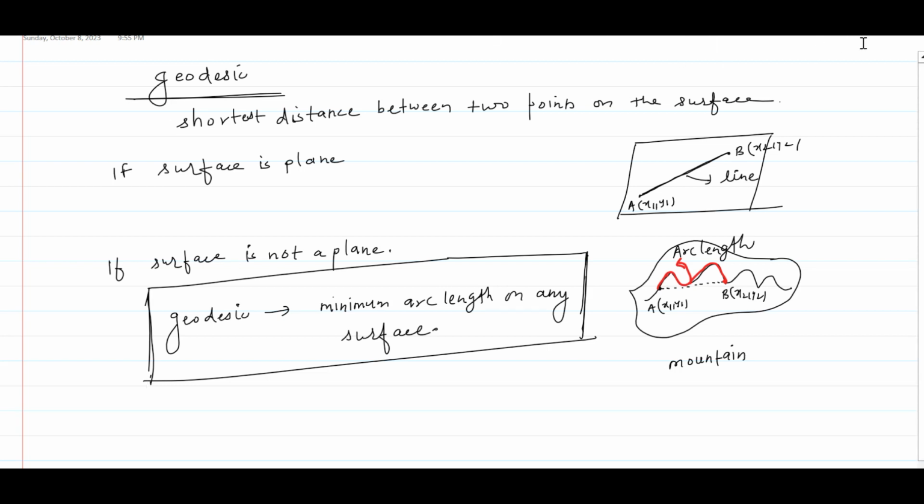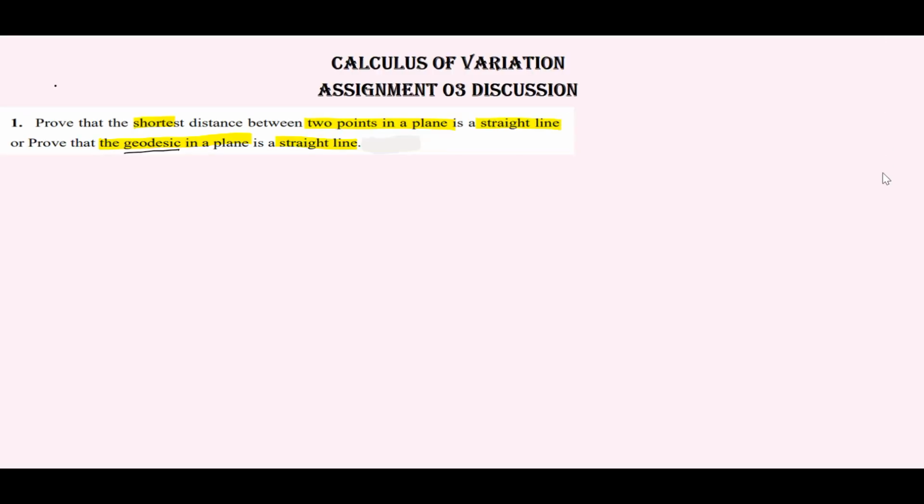So now guys, come to the point. In the problem first, we will give the whole proof. We need to prove that geodesic in the plane is a straight line. We have already discussed in the rough.